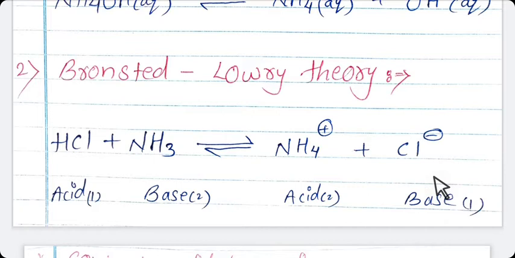HCl and NH4 plus are proton donors and act as acids, and NH3 and Cl minus are proton acceptors and act as bases. Students, the base which is produced by accepting the proton from an acid is the conjugate base of that acid.